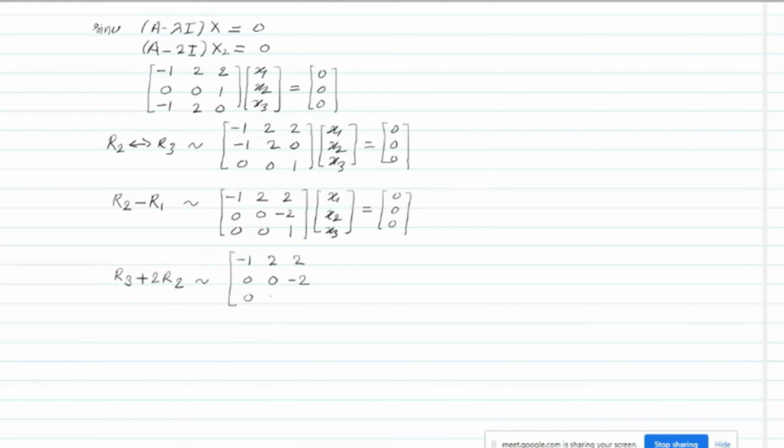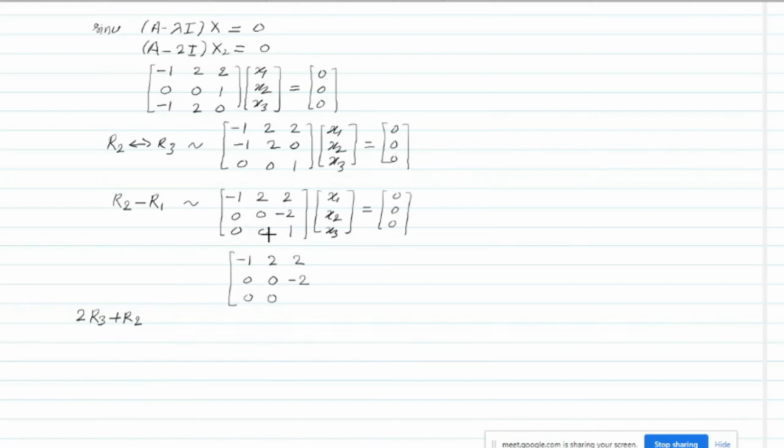Then 2 times 0, that is 0, plus 0, that is 0.